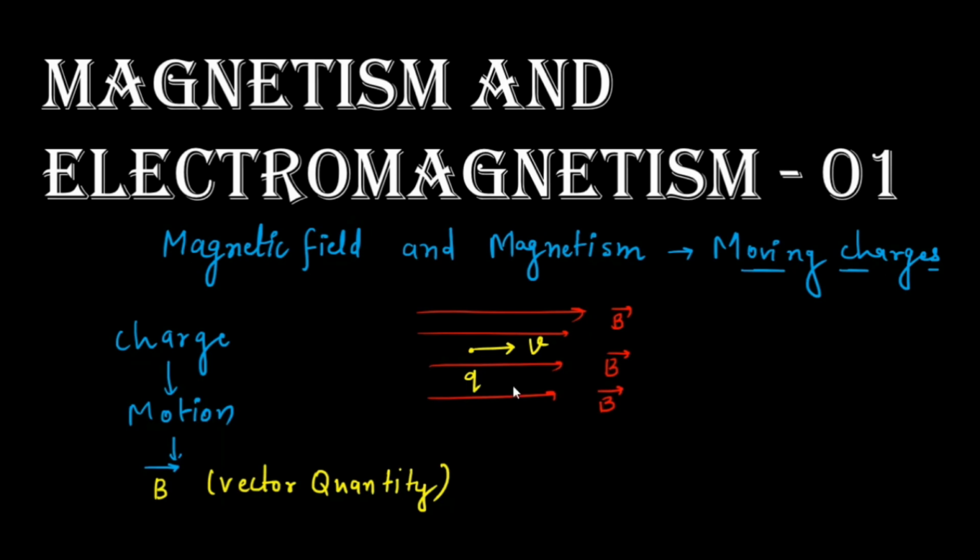Just like electric field, magnetic field is also there, and because of this magnetic field, we see various phenomena around us.